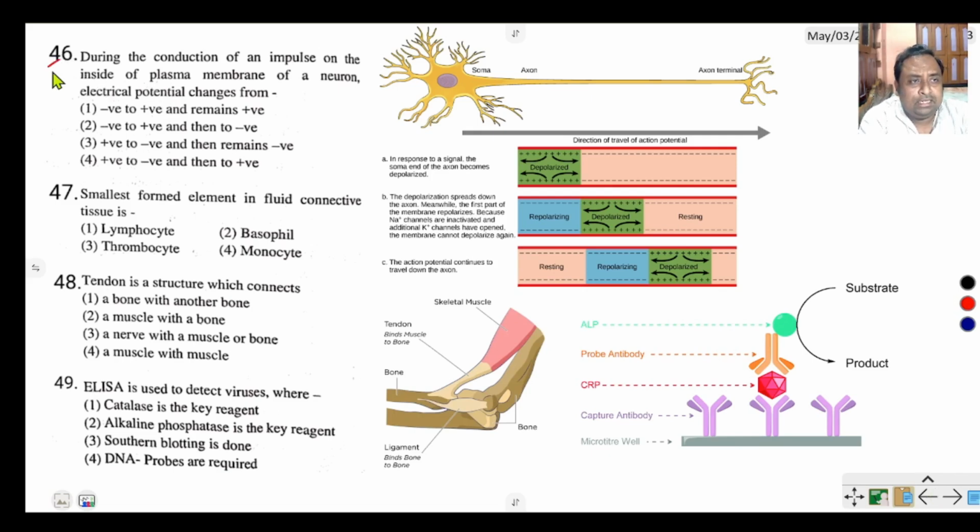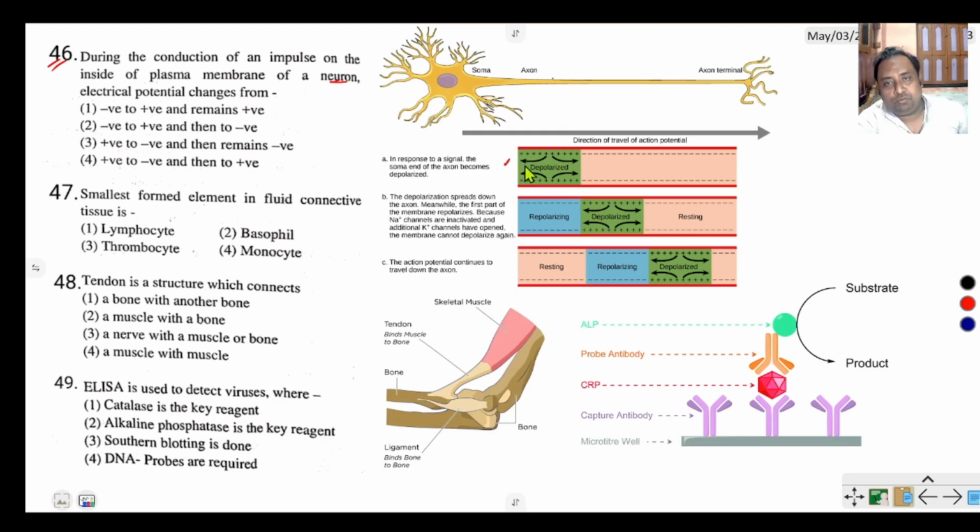Question number 46 says: during the conduction of an impulse, on the inside of the plasma membrane of a neuron, the plasma membrane of a neuron is called neurolemma, electrical potential changes from negative to positive and remains positive, negative to positive and then to negative, positive to negative and then remains negative, positive to negative and then to positive. In the normal state, the outer charge is positive and the inner charge is negative.